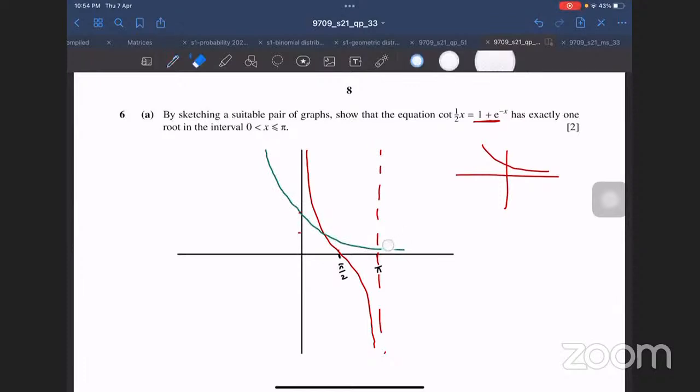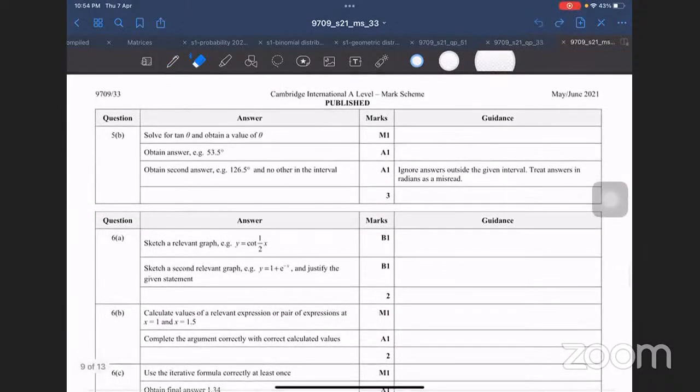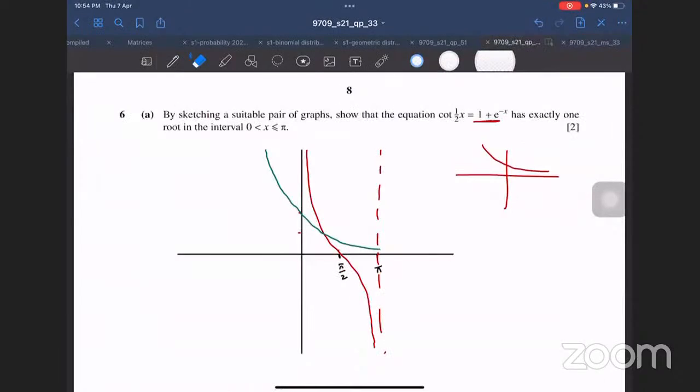Okay, so there is exactly one root between the two. One intersection point. We just have to write that, one intersection point. Okay, this graph should technically start from here only. That tells you there's just one intersection.